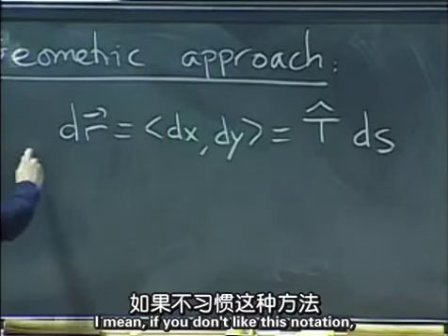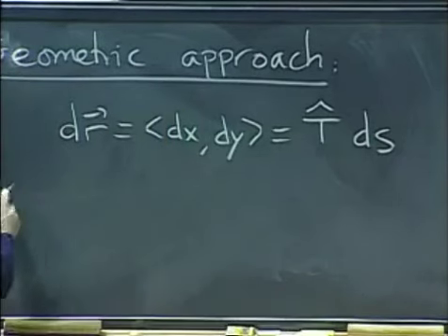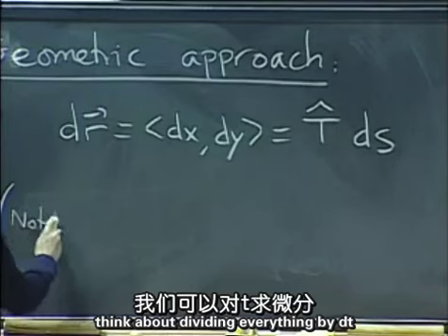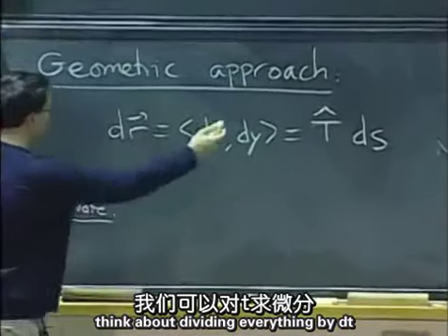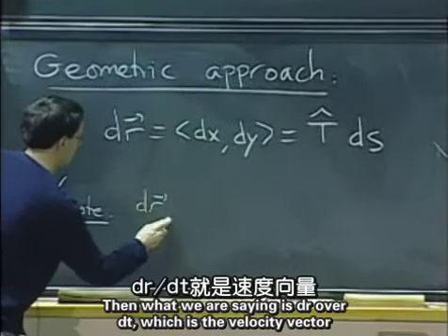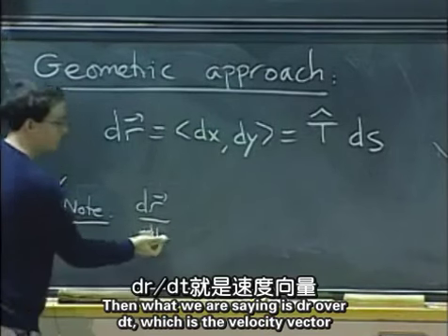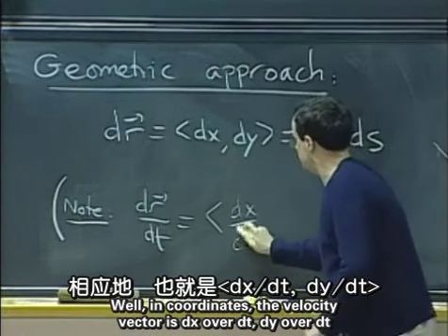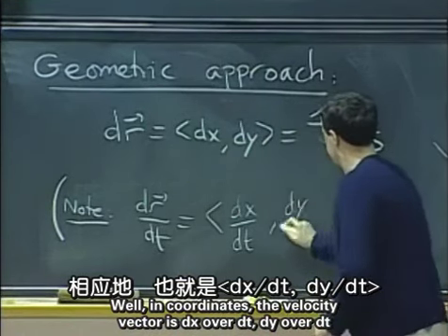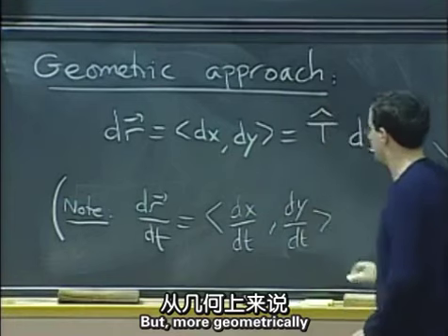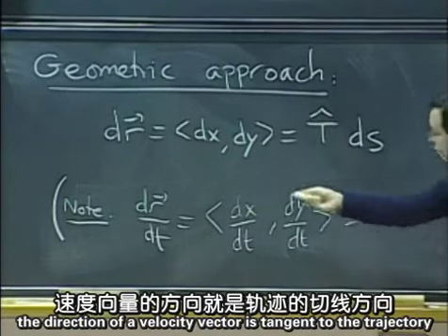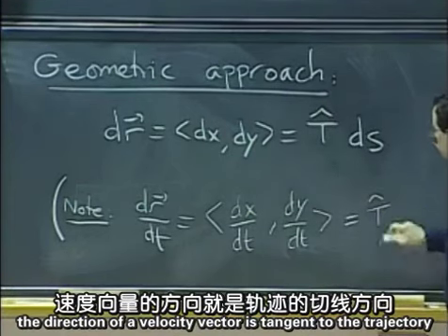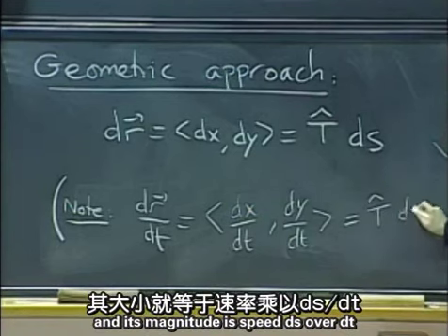If you don't like this notation, think about dividing everything by dt. Then what we're saying is dr/dt, that's a velocity vector. Well, in coordinates, the velocity vector is dx/dt, dy/dt. But more geometrically, the direction of a velocity vector is tangent to the trajectory, and its magnitude is speed, ds/dt.